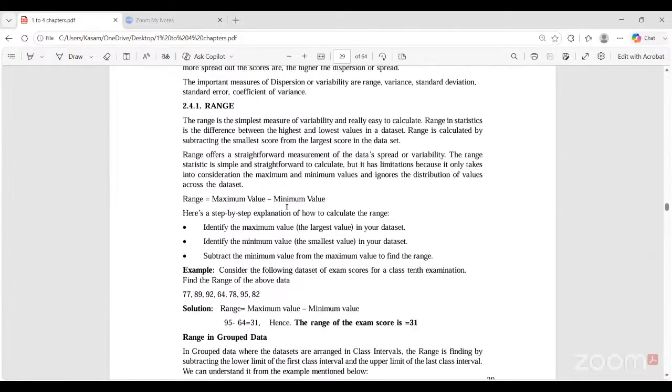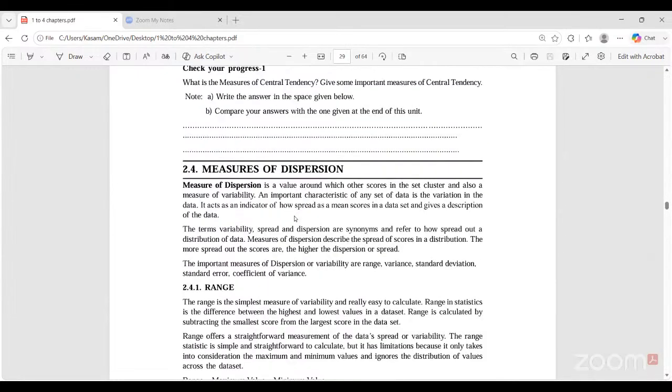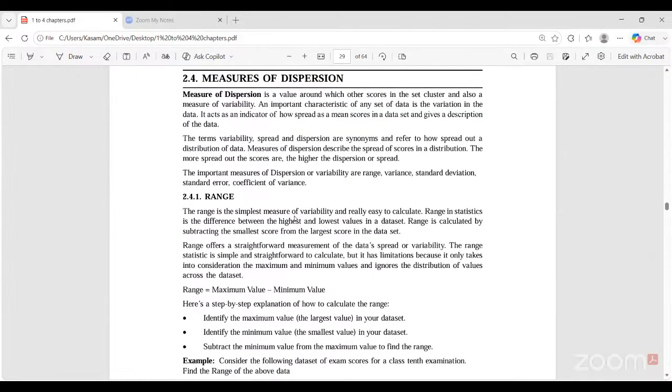Clear, sir. Okay, measure of central tendency. So range means lower value and higher value in what is given. The range is a simple measure of variability, really easy to calculate. Range in statistics is the difference between the highest and lowest values, calculated by subtracting the smallest score from the largest score.